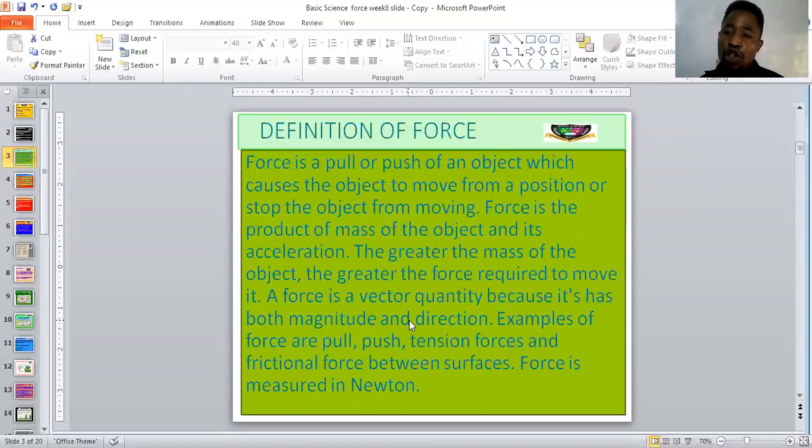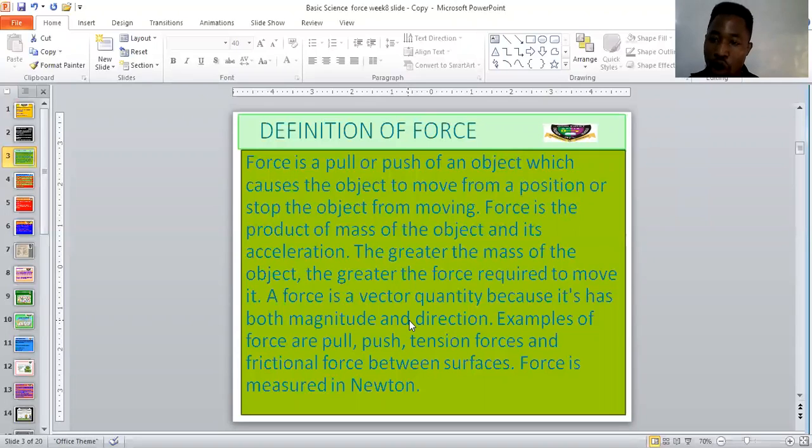Now, for you to get an object moving from where it was before, you need to apply an equal force of the weight of the object. For instance, if a ball is 20 kilograms, you need to apply an equal force of 20 kilograms to get the ball moving. I hope that is clear.